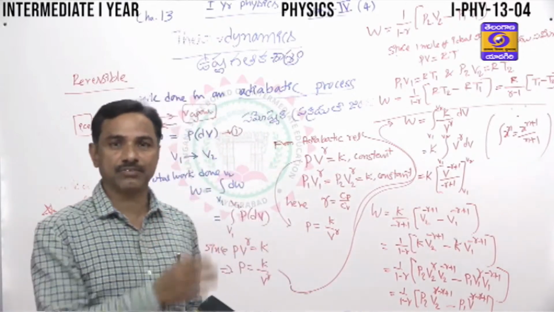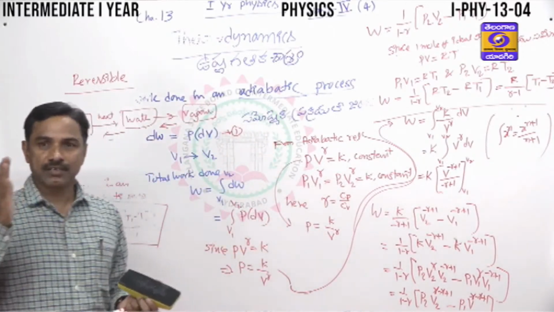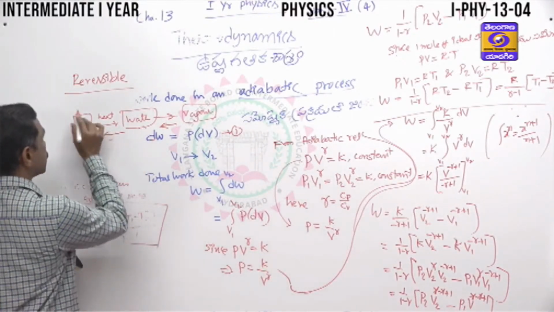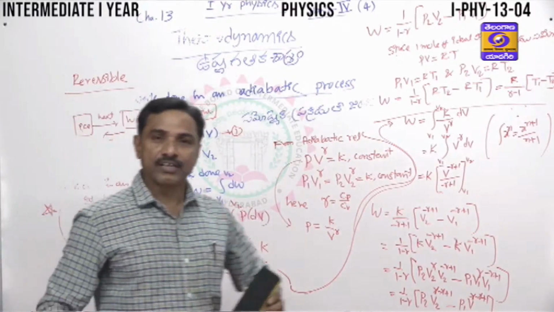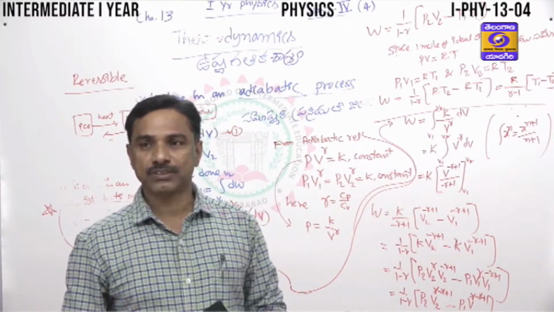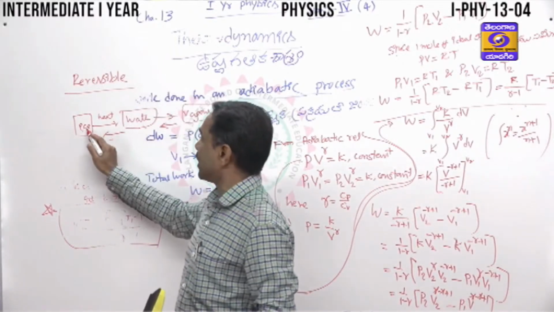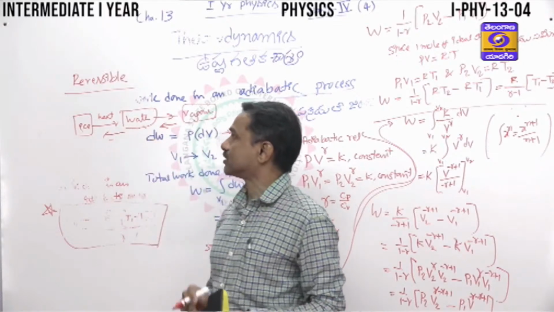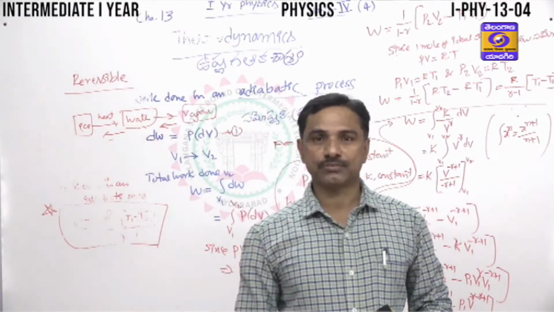A change of state takes place at a certain constant temperature and pressure. Anyway, it is a reversible process. The process that can be reversed, retraced back, is called a reversible process. Melting of ice and vaporization of water are the best examples of reversible processes.